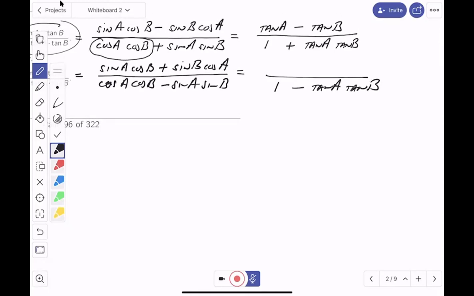That was easy. Again, I want to remind you, we're dividing top and bottom by this guy here. What do you get? Sine a over cosine a, which is tan a. And cosine b over cosine b would be 1, plus sine b over cosine b, which would be tan b. And cosine a divided by cosine a is 1.